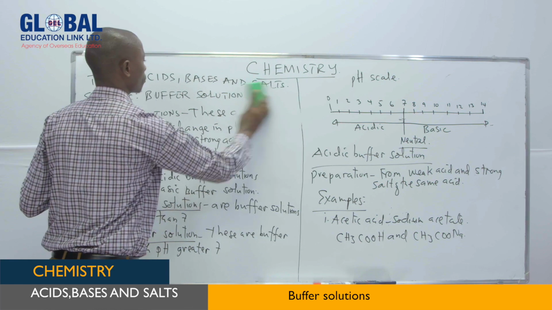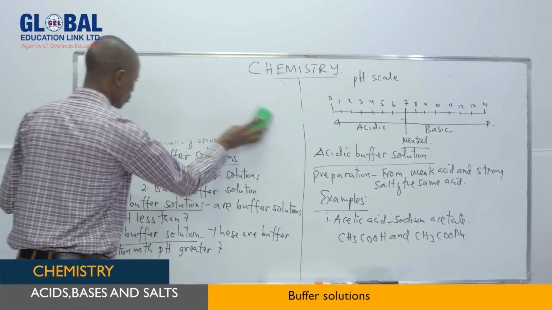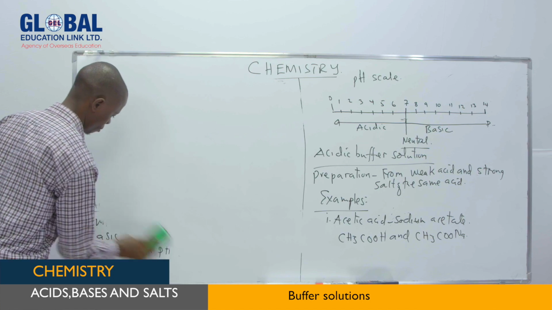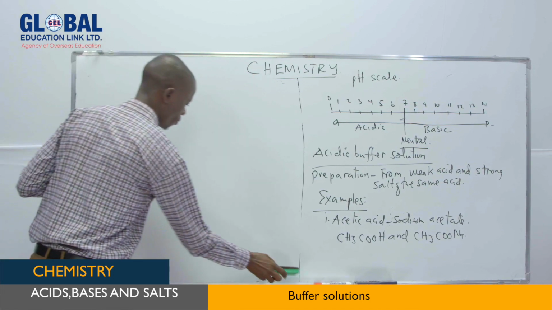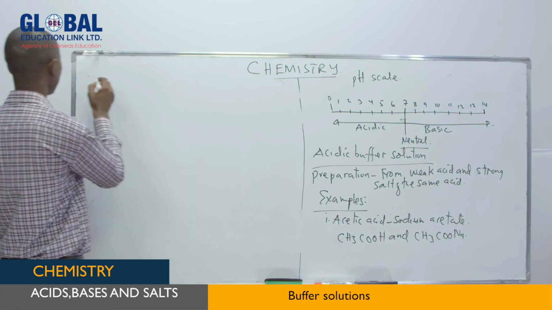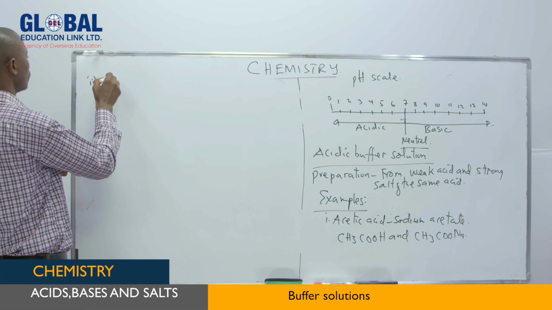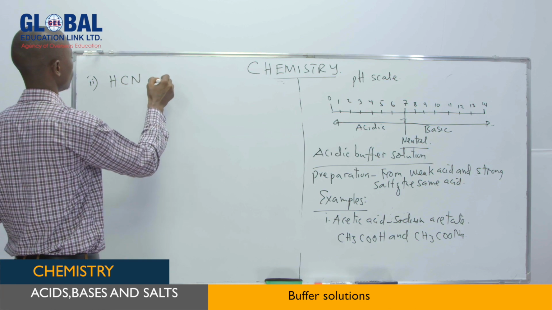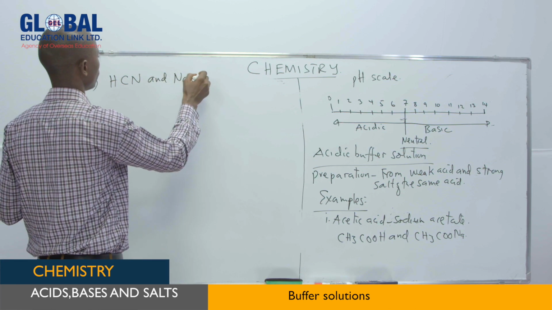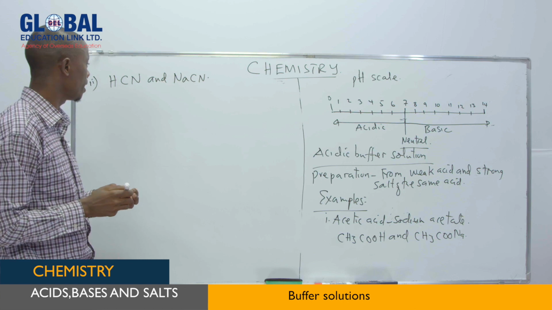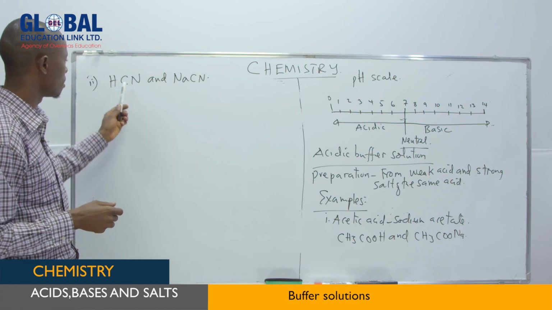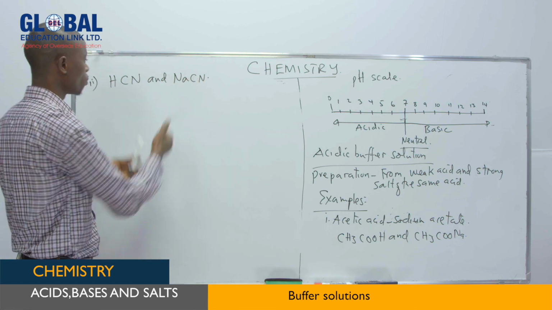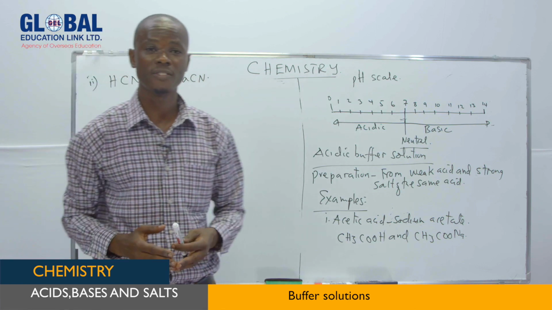And also, the second example, hydrogen cyanide and sodium cyanide. This is the weak acid and this is the strong salt of this acid. So when the two are mixed, they form acidic buffer solution.